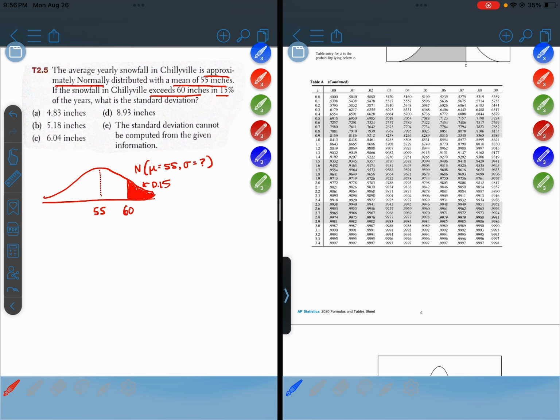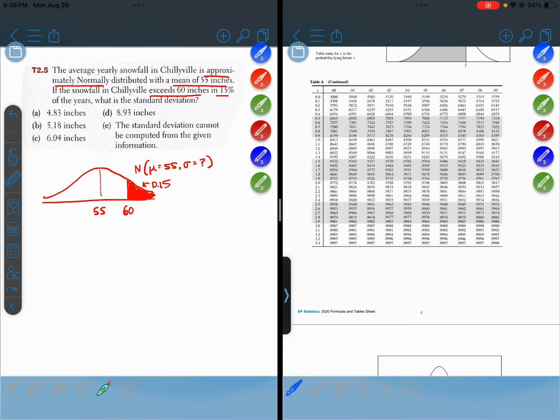All right, that doesn't get us too far. It would be great if we somehow knew the standardized value. So we know that 60 inches is the boundary value for the top 15%, but what z-score is the boundary value for the top 15%?